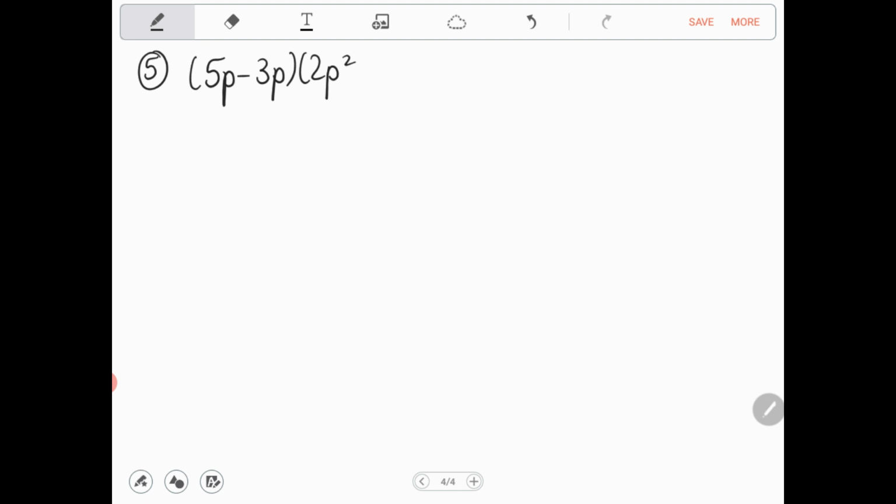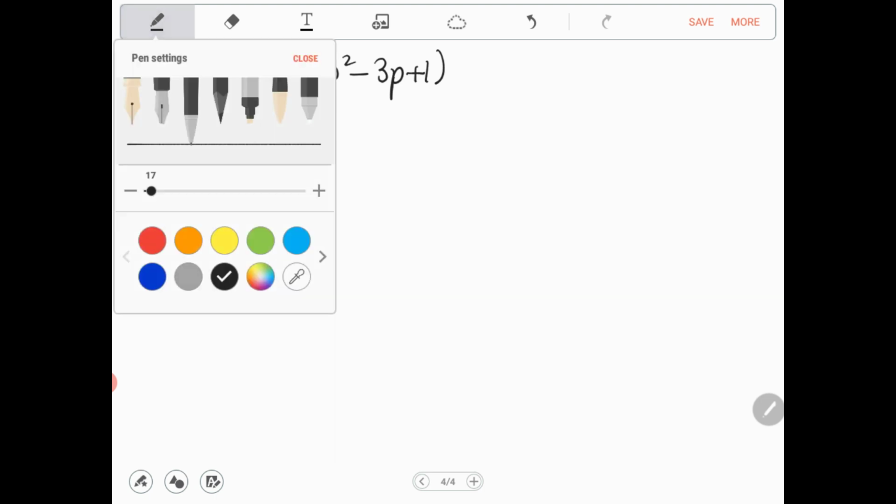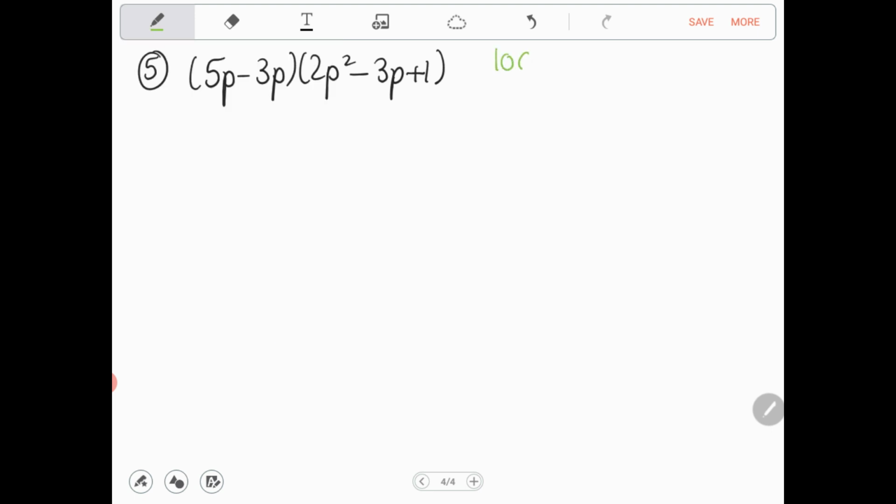Okay, number 5. Okay, it looks like we've got a binomial in the front here, but if you look inside your brackets, this one here has got no like terms. But this one here, the first one, these are like terms.